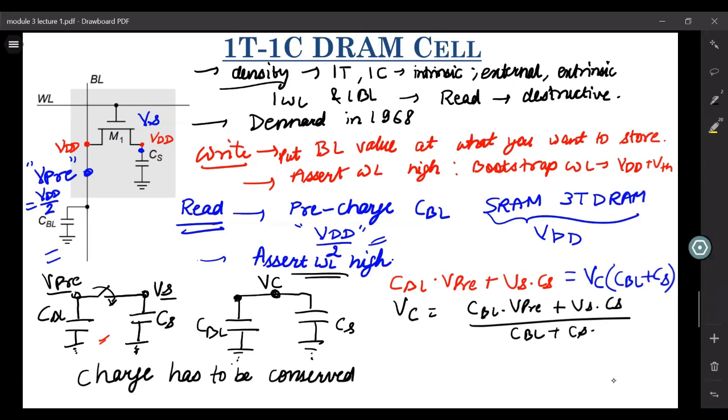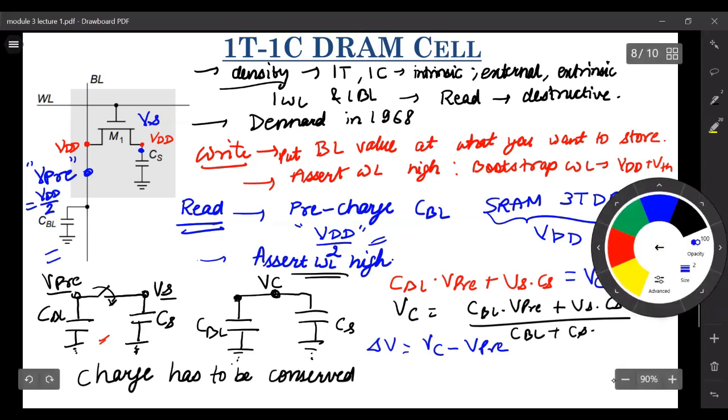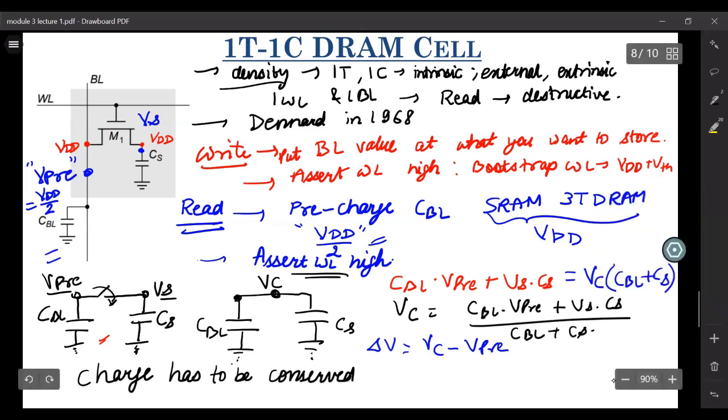So this delta V of how much it changed would be Vc minus V3, right? That is the change in the voltage of your bit line. Let's call this bit line VB.